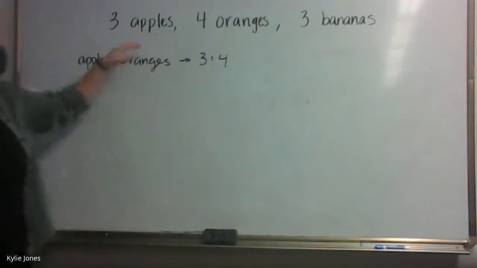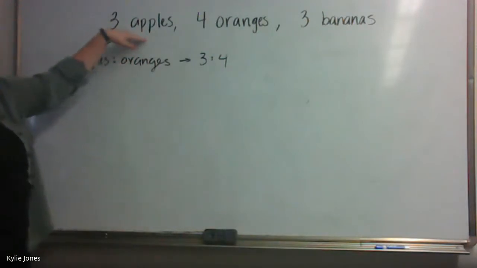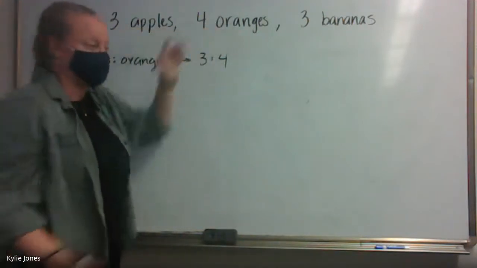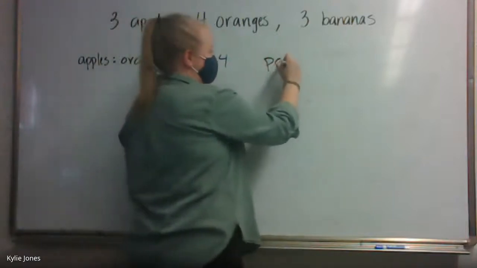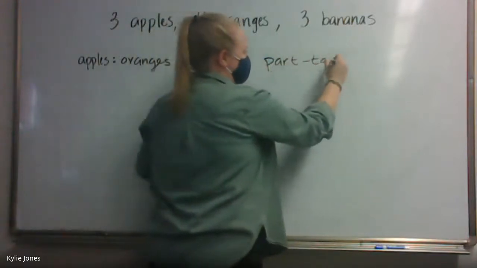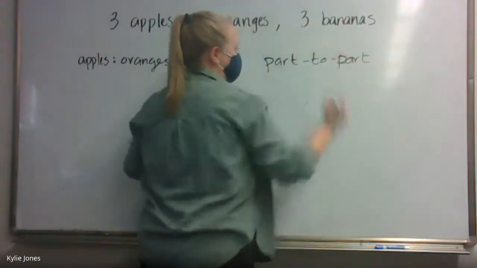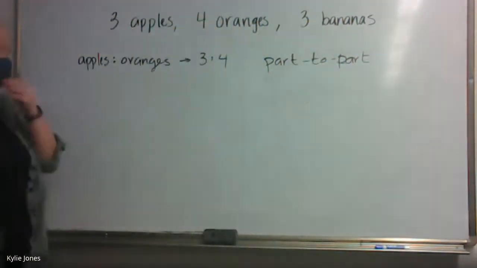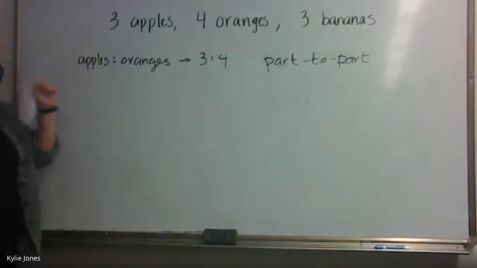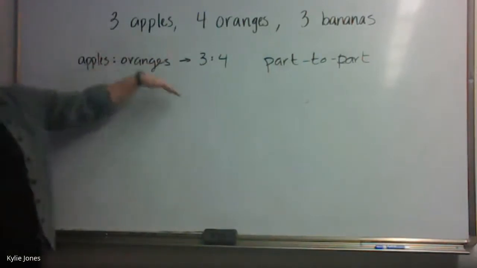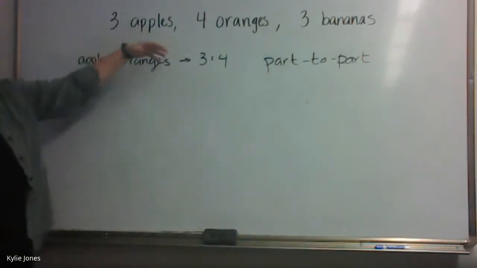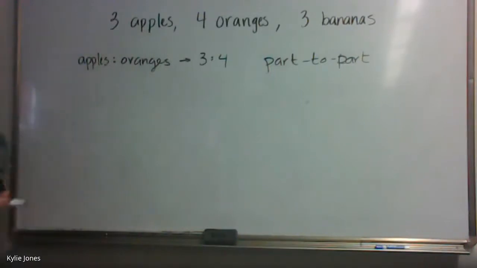But apples are parts of the total amount of fruit. Oranges are parts of the total amount of fruit. So that's a part to part ratio. So apples to oranges is a part to part because both apples and oranges are part of the total fruit.